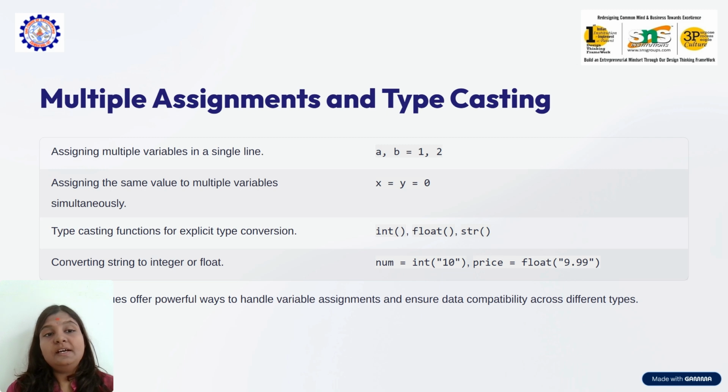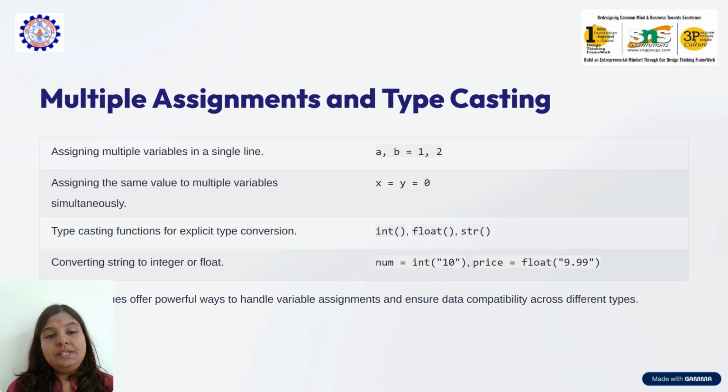Multiple assignments and typecasting. Assigning multiple variables in a single line: a, b = 1, 2. Assigning the same value to multiple variables simultaneously: x = y = 0. Typecasting functions for explicit type conversions: int, float, string.